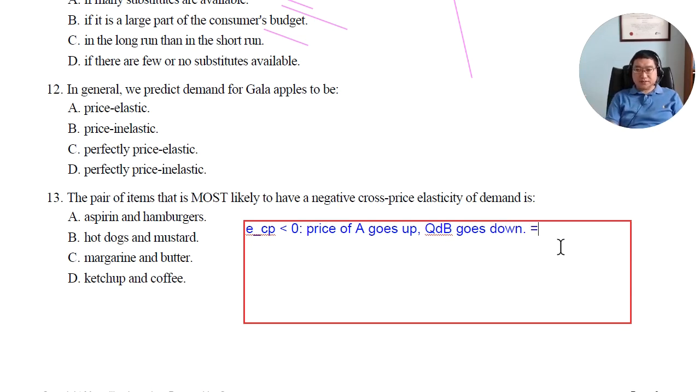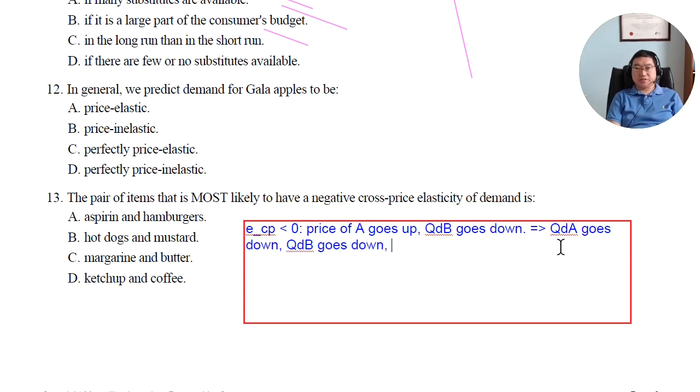And the result is what? It basically says that the price of A goes up, the quantity demanded for A will also go down, and the quantity demanded of product B goes down as well.